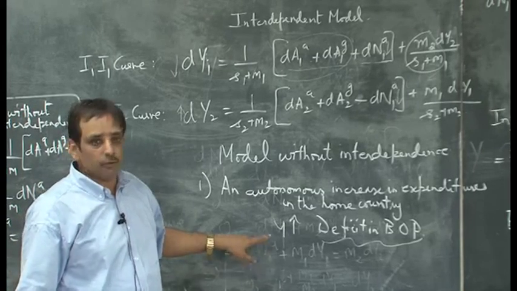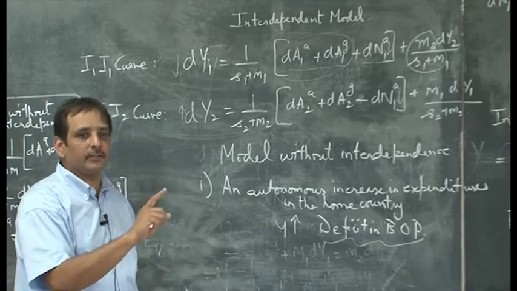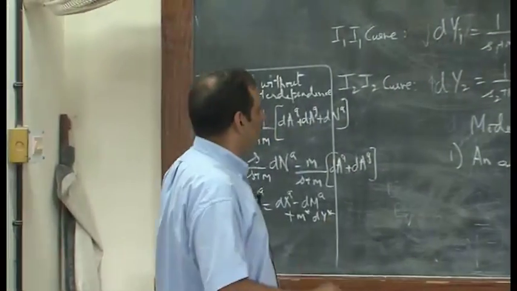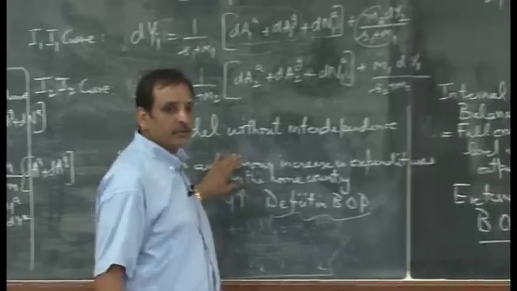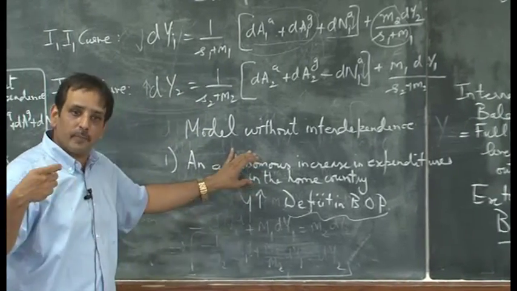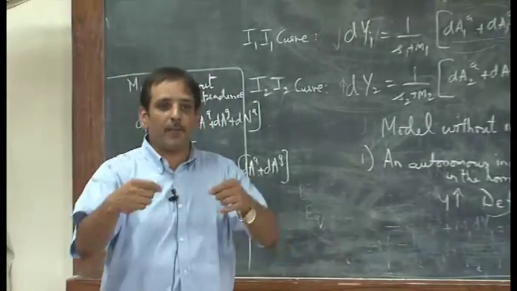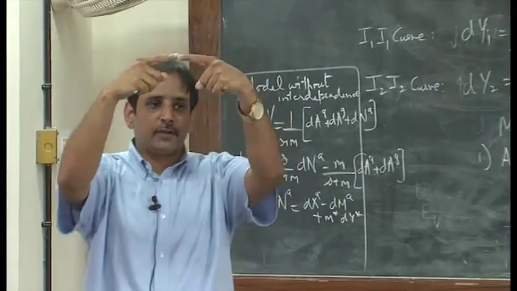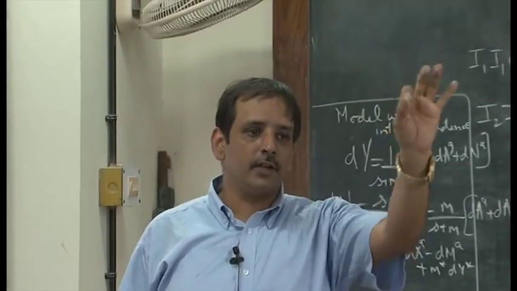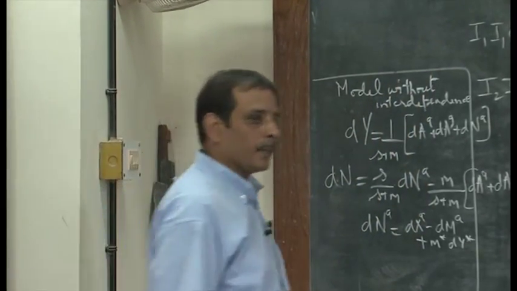Okay. So expenditure switching policies are not the right policies in case there is an autonomous increase in expenditures. Only expenditure changing policies are appropriate from national point of view to bring your economy back to equilibrium. That is, you achieve internal and external balance.